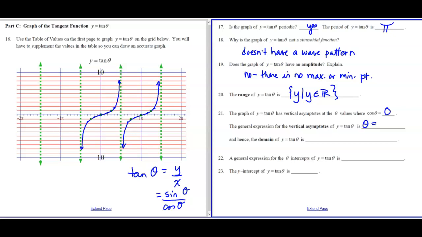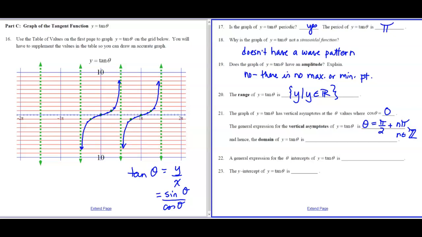So the equation of the vertical asymptotes is the same as where cos is 0, those intercepts. You can see there's pi over 2, plus pi, minus pi, minus pi to pi. So those are the equations of the asymptotes.